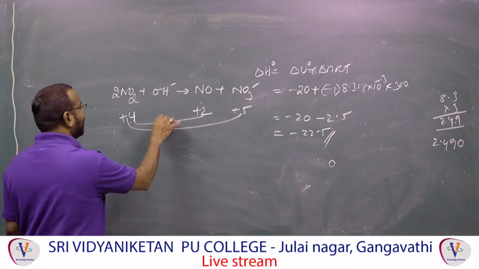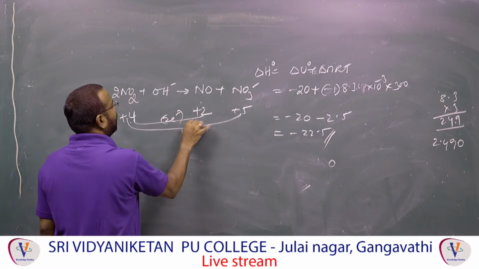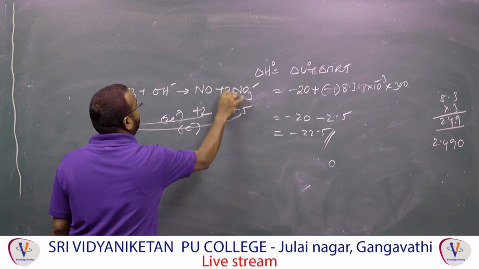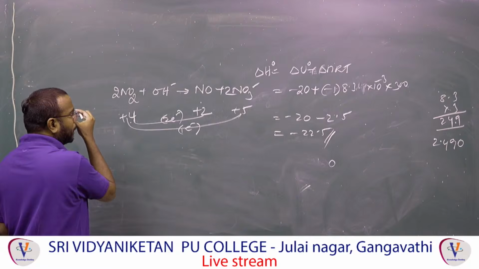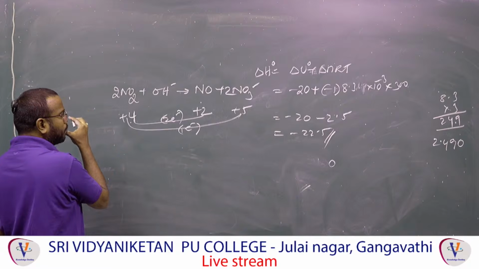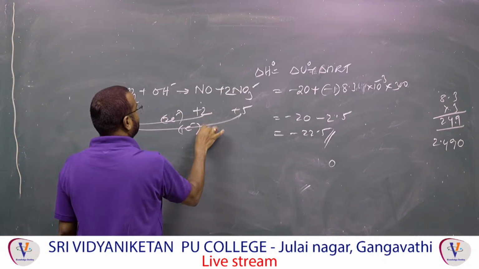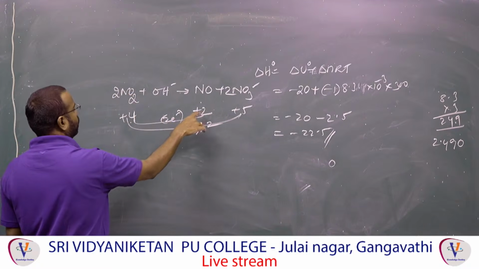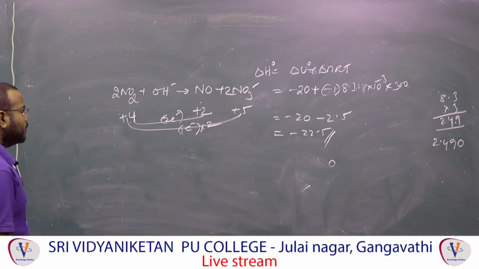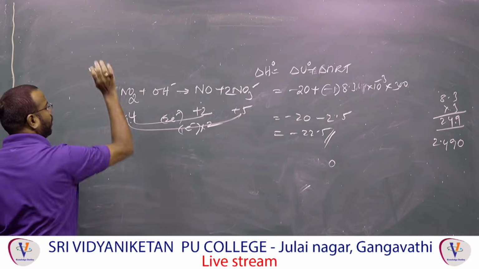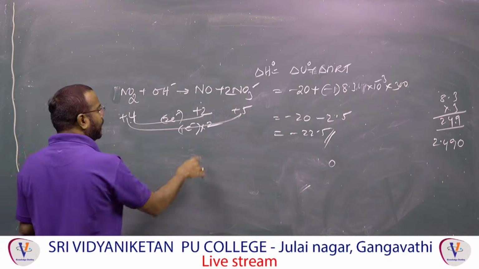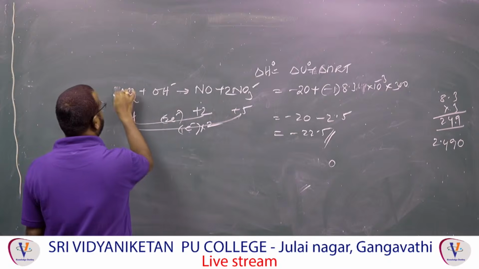The equation is also not balanced, so 2 electrons here, 1 electron here, so I need to write 2 here. 2 3s are 6, 4 plus 5, 1 into 2, this 4 to 2, therefore it is going to be 2. Then I need to write here 2 plus 1, 3 NO2.